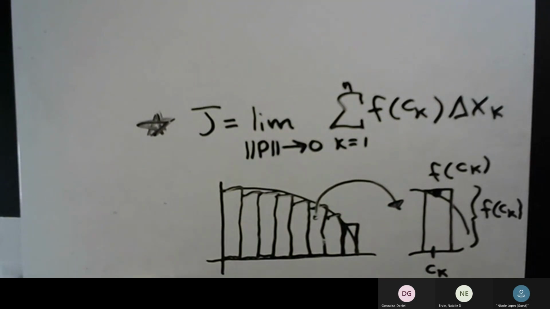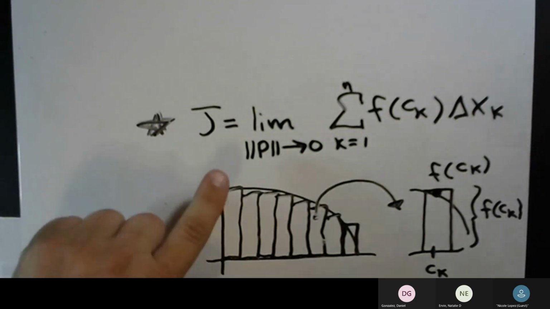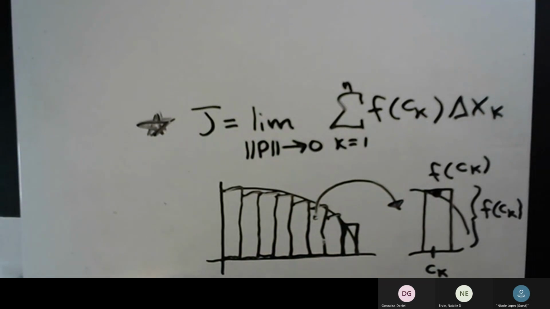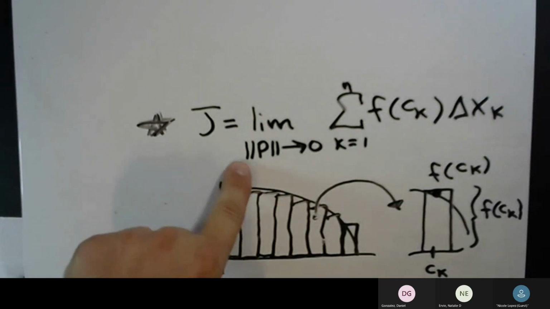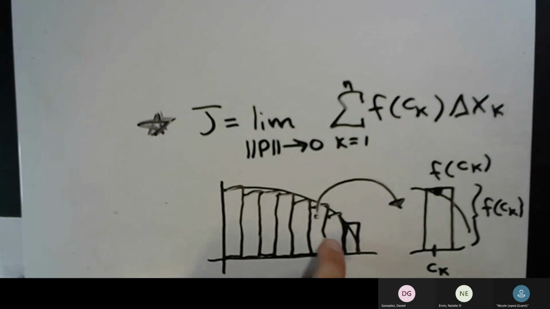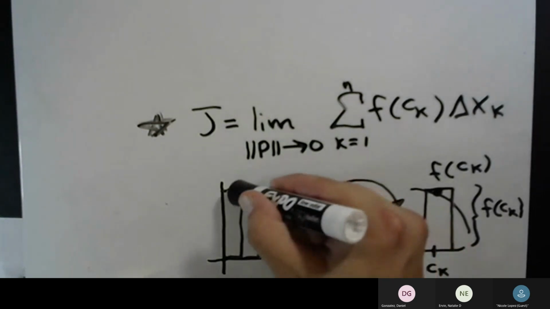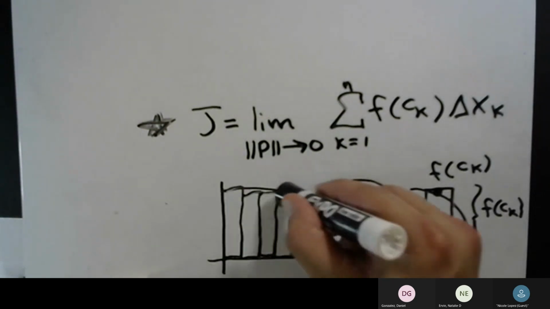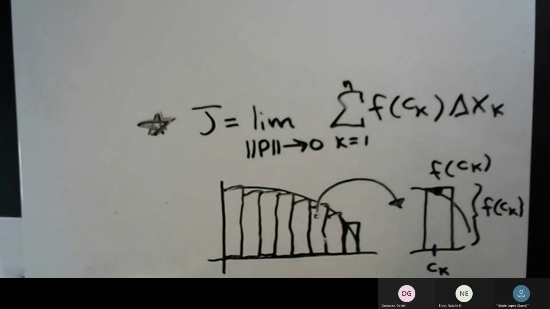And the idea is, what is J? Well, J is what we get after taking this limit. So as we take this limit, these rectangles become smaller, but they become more numerous. They will fill in this area under the curve much better.